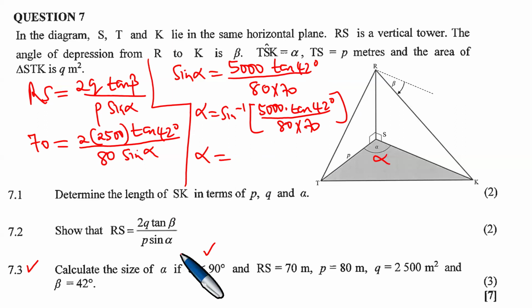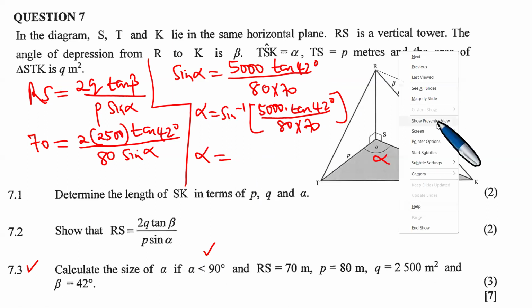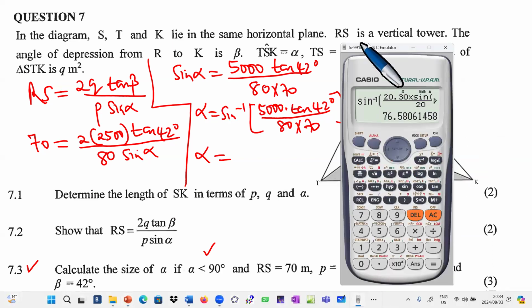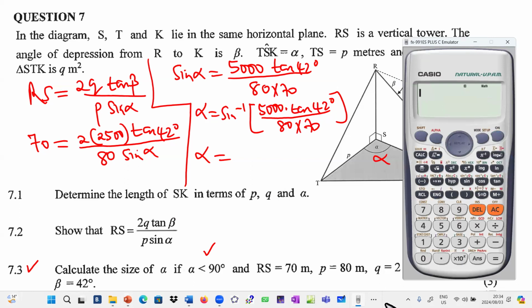What is alpha? Let's use a calculator to do this one. Using a calculator, we have arc sine, 5,000 times tan 42, divided by 80 times 70, close the bracket, equals.